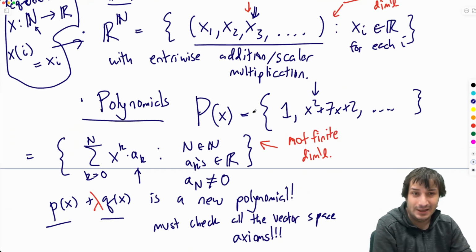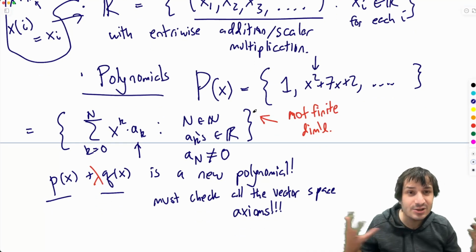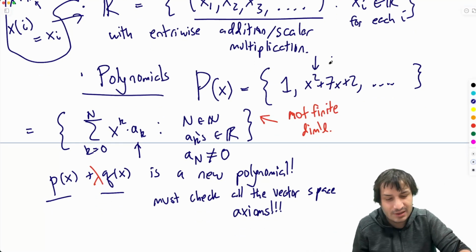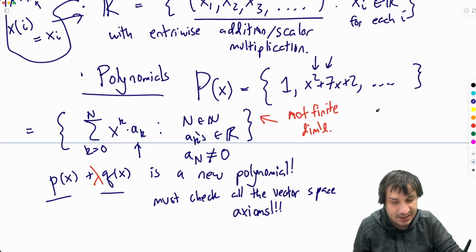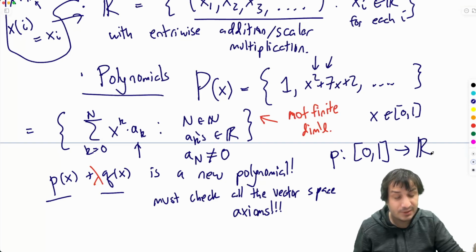Polynomials, this one, I said it was an abstract space of functions, and you can think of any interval you want for the allowed x values. So for example, you could say x is in [0,1], and then some polynomial p(x) is a function p that inputs a number between 0 and 1 and outputs a real number, and it's a polynomial.